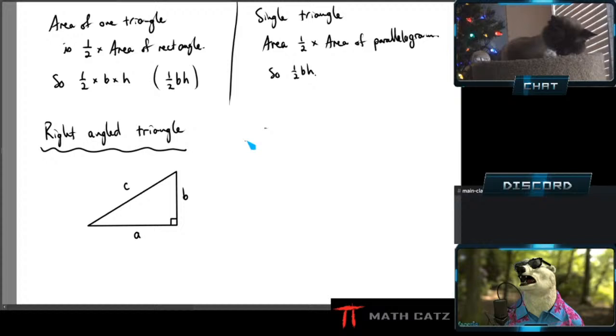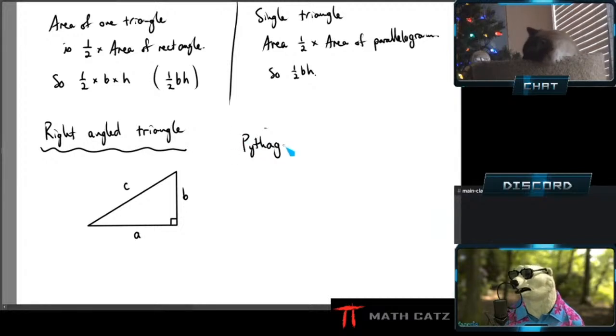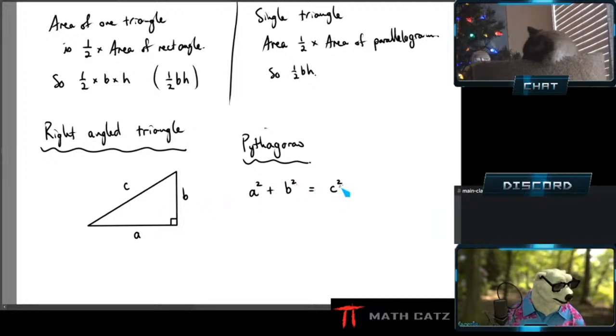For a right angle triangle, a very famous fella by the name of Pythagoras proved that there is a very strong relationship between the lengths of these sides: the square of the perpendicular sides added together is always the square of the hypotenuse.